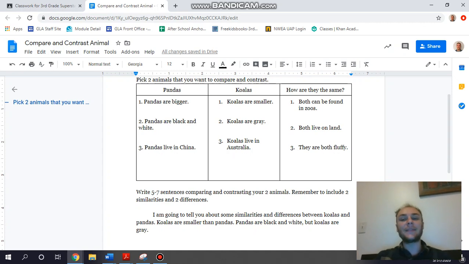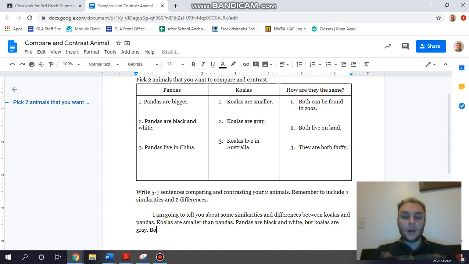Now I need to say some similarities because I've done my two differences. Both can be found in zoos. Period. They are both fluffy.